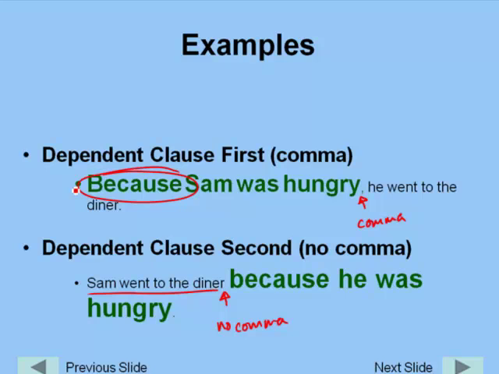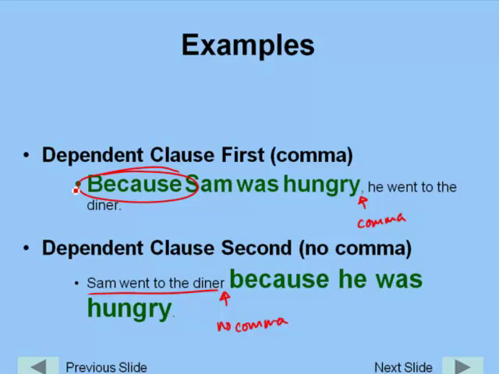Typically the places where we run into problems with this is when we're in a class, let's say a history class, and we're asked a question like, why did the Civil War begin? Perfectly fine kind of question. Our answer might be something like, because the South wanted to continue slavery.